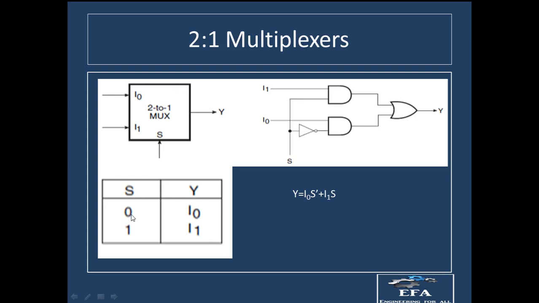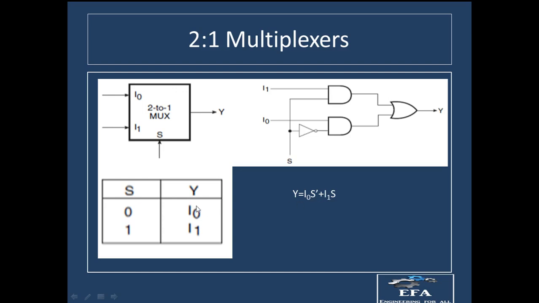If we have to make the circuit diagram with the help of logic gates, that depends upon the boolean expression that can be derived from this truth table, right? So what will be the boolean expression? Y, that is the output, will be equal to I0 into S complement plus I1 into S. How has this boolean expression come?